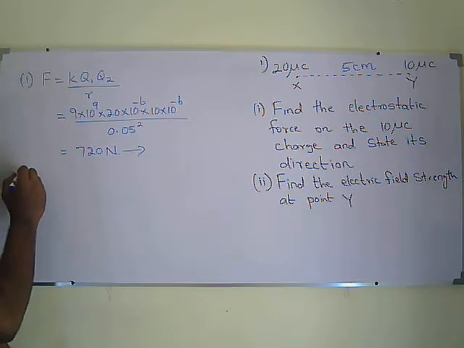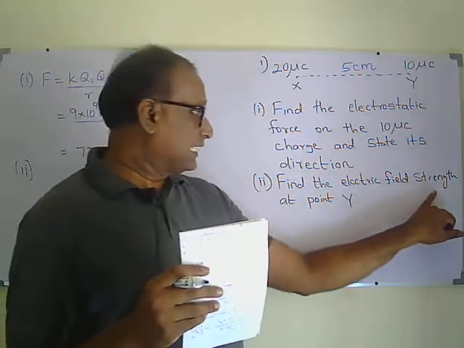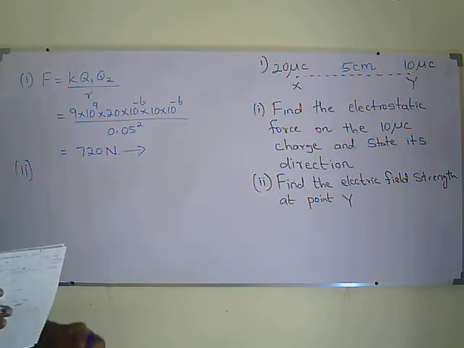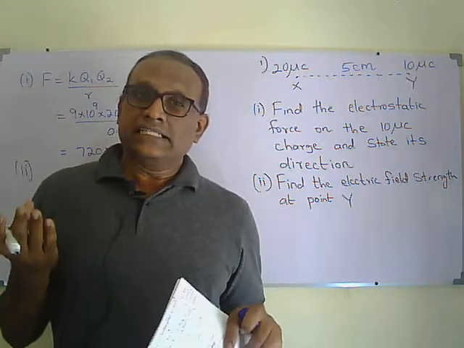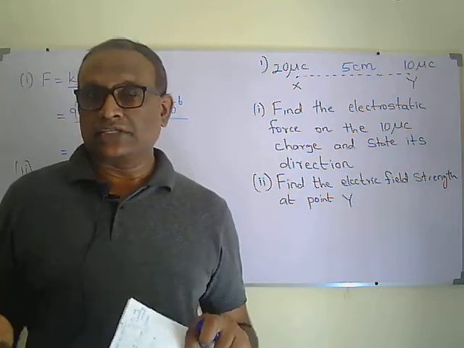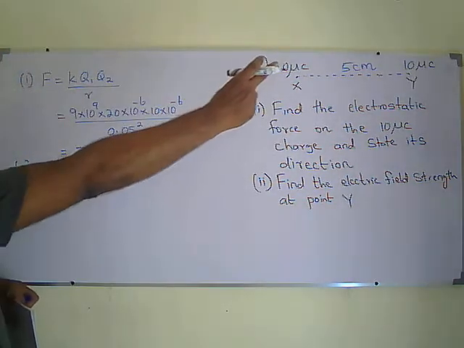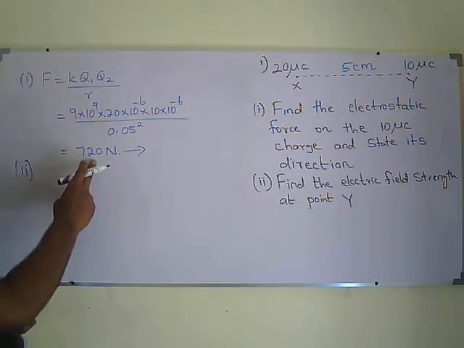Second part, I asked you to find the electric field strength at point Y. I can find that directly using the definition. Electric field strength at a point is defined as the electrostatic force per coulomb. When I keep a charge of 10 microcoulomb at point Y, it experiences 720 Newton.